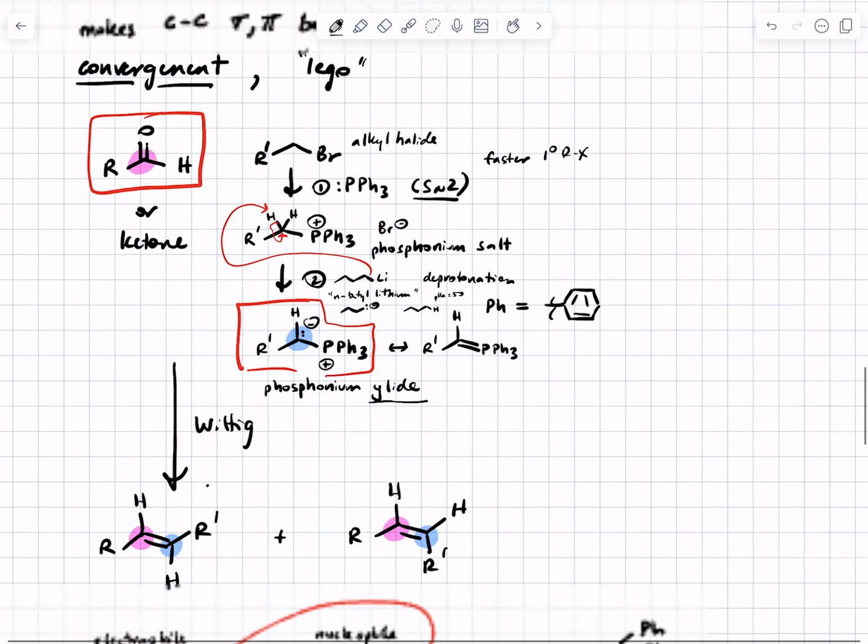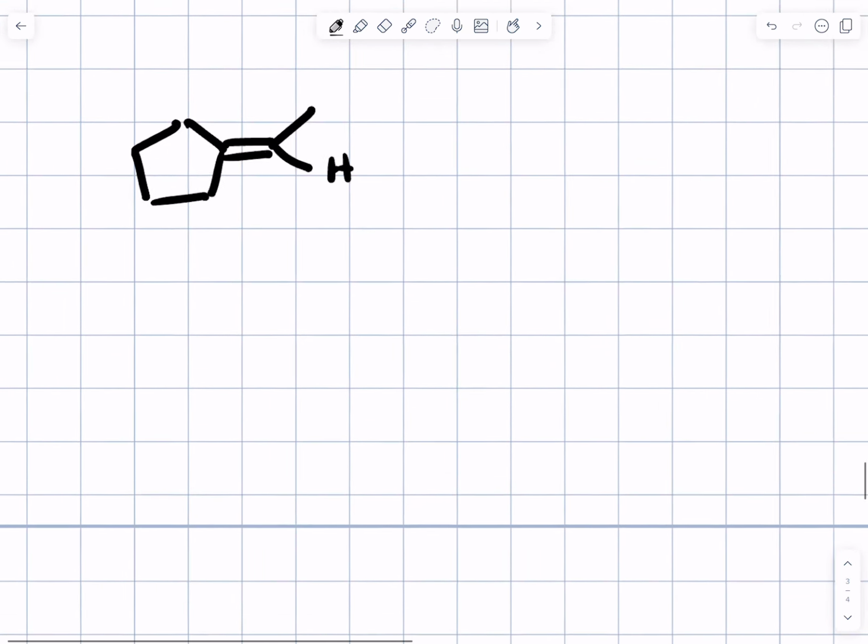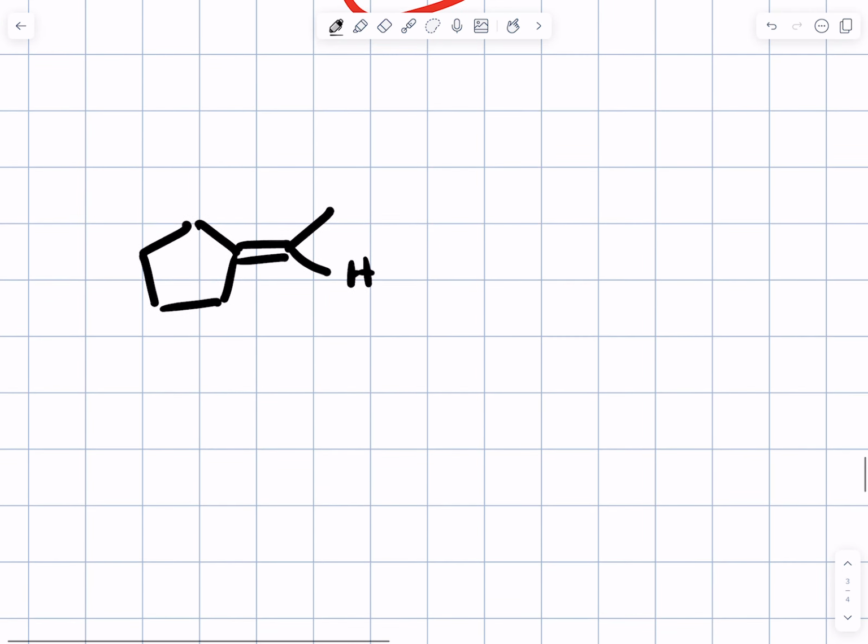So if you have a choice in a Wittig reaction, you should choose the phosphonium ylide to be on the side that could go through the less substituted alkyl halide, because that SN2 reaction is going to be faster and more efficient. For example, in this case, I would choose the aldehyde side or ketone side to be that one, and this side to be the phosphonium ylide side.